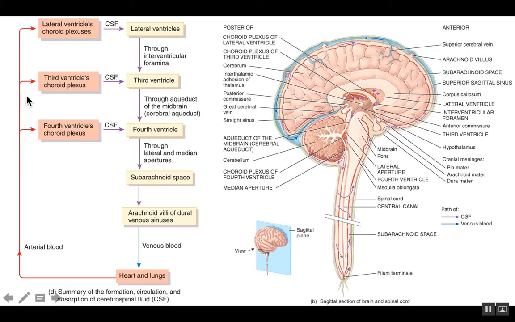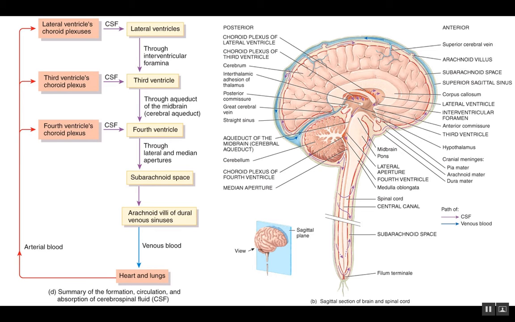Well, that enters the capillaries of the choroid plexuses. Choroid plexuses are found in all your ventricles. Those choroid plexuses contain ependymal cells that take the blood plasma, the liquid part of your blood, and turn it into cerebrospinal fluid. Notice cerebrospinal fluid on these figures is shown in purple.